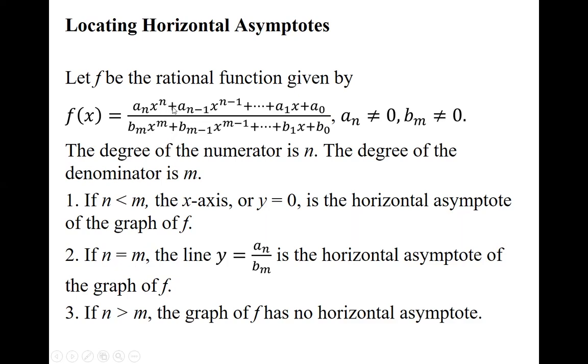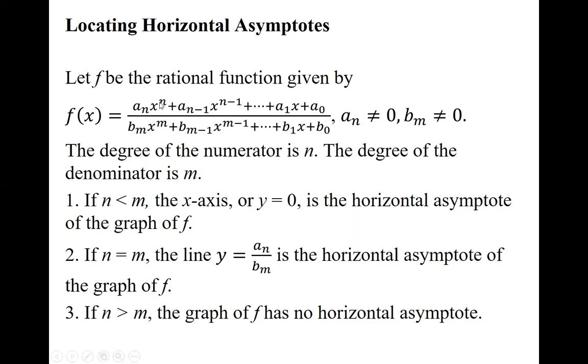If n equals m, if they in fact have the same degree, then the line is the ratio of the leading coefficients, a sub n over b sub m. And when we get to the examples, you'll see how nice that is when we have the same degree on the top and on the bottom.